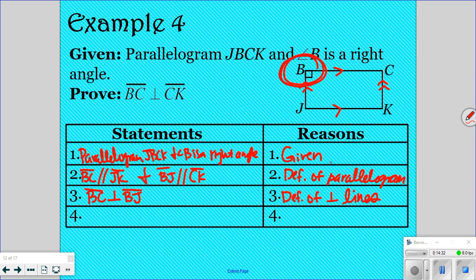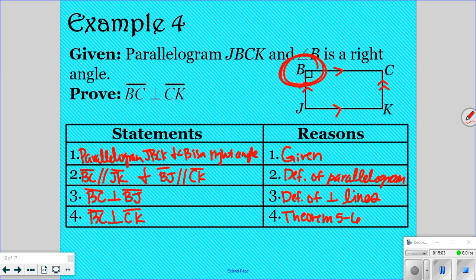Okay? And if these two are perpendicular, what does that mean about BC and CK? They are also perpendicular. And the reasoning is from theorem 5-6, which says that if you have a line that is perpendicular to one of two parallel lines, then it's perpendicular to the other parallel line.